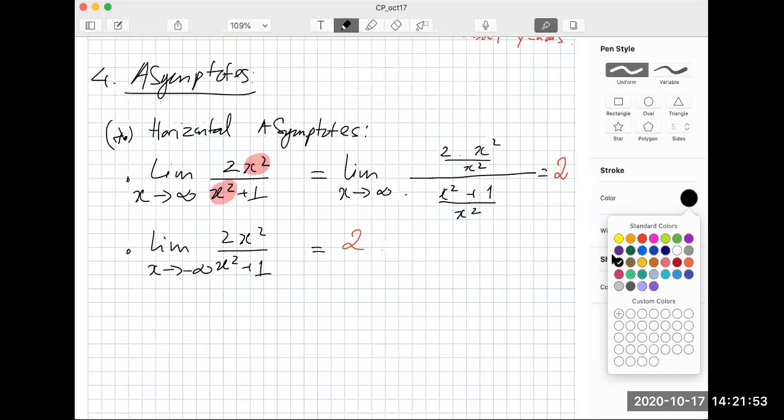Or neither of them. If it is even, then it's symmetric with respect to y. Then that is the only symmetry we know. But remember about, let me stop recording first. We'll discuss that more.